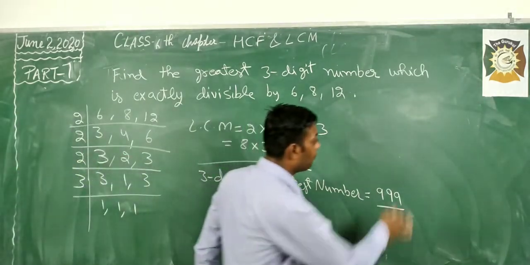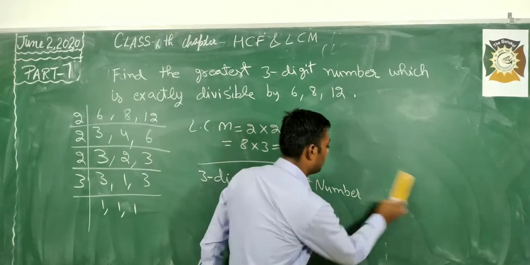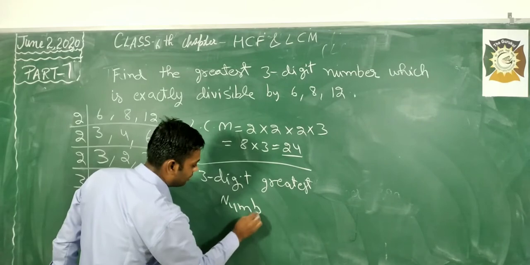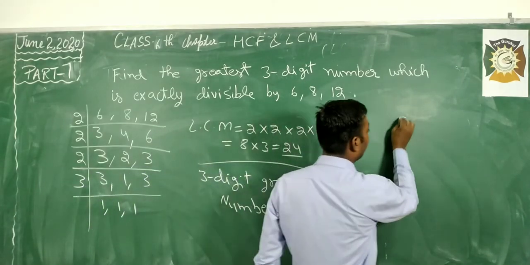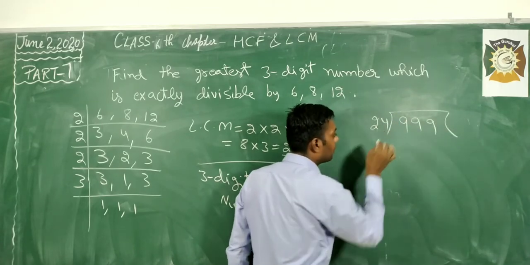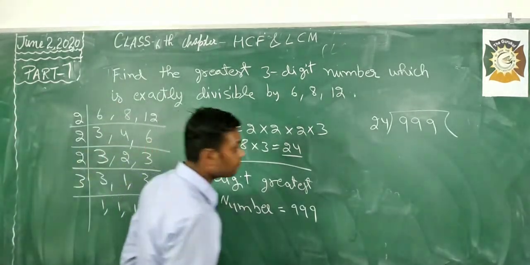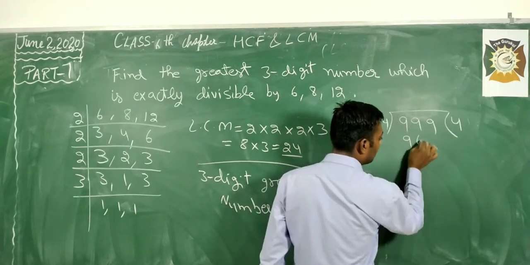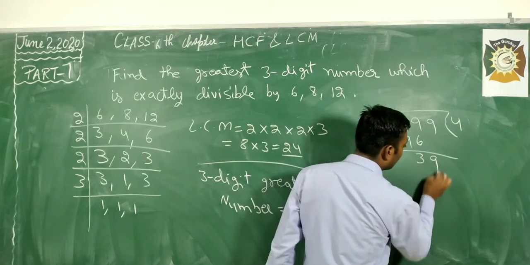So divide 999 by 24. What do we get? 24 multiplied by 4 gives 96. Subtract it, we get 39.